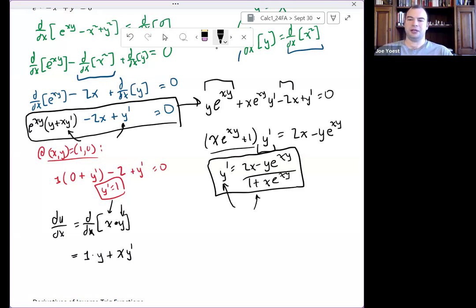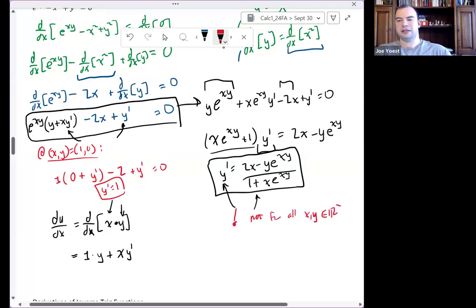x and y. If I plug in a particular value of x and a particular value of y, I get y prime out. Now, very important, this y prime is not valid for all x and y in, say, R2. It's not valid for all ordered pairs x and y. Why is that?